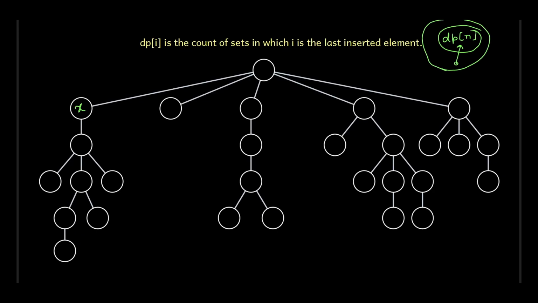But this time we are adding a variation. We are saying that I want my game to end when the last element that has been added to my set is X. So can you compute how many unique sets I can create such that the last element of my set is equal to X?